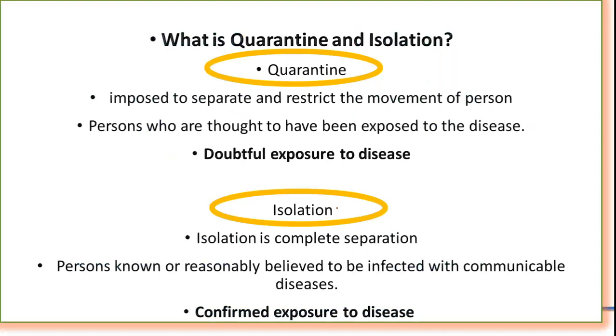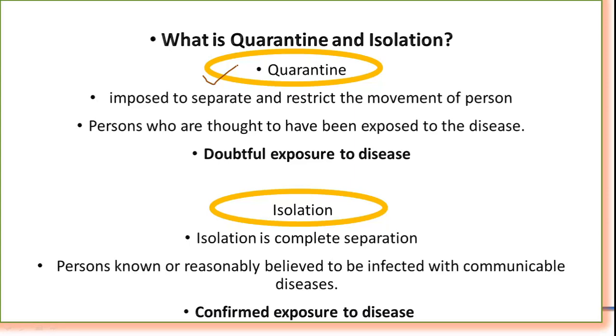Now the next two terms which you come across often in your newspaper are quarantine and isolation. What is quarantine and isolation? So remember quarantine. Okay, you would have seen many people speaking about quarantine. Remember, quarantine and isolation both mean staying separate. But where do you use the word quarantine? Where do you use the word isolation?